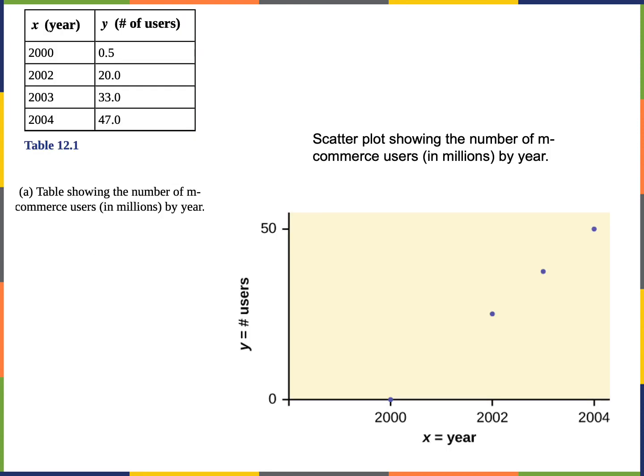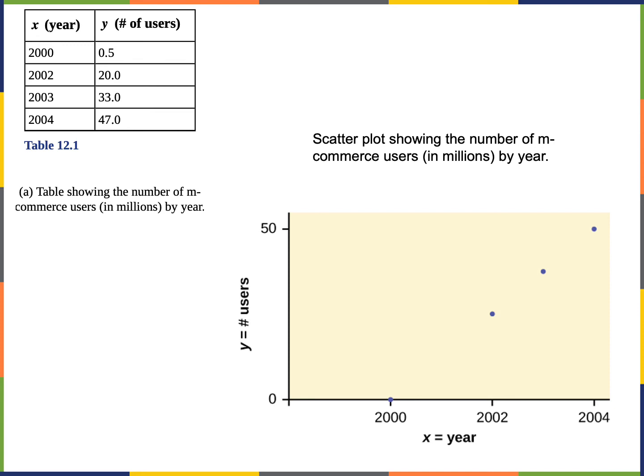And if we let this be X and this be Y, and if we were to create a beautiful graph and just plotted these as points, here I have my graph. This is 2000, 2002, 2004. At 2000, it's 0.5, so it's very close to 0. Let's say the highest point on my y-axis is 50.